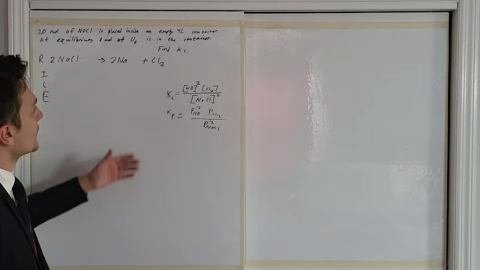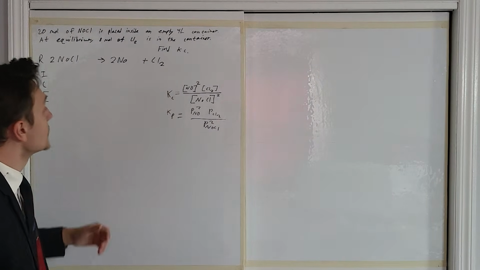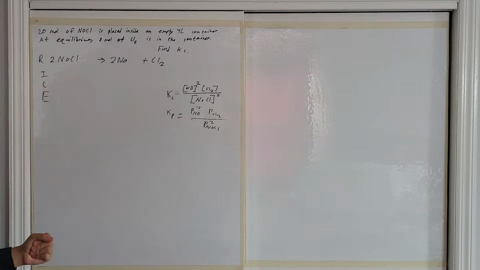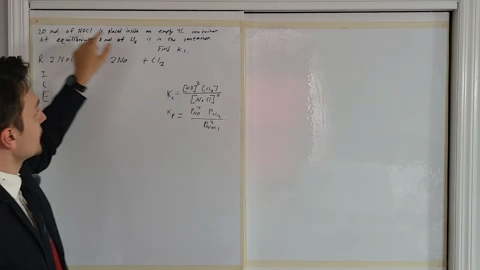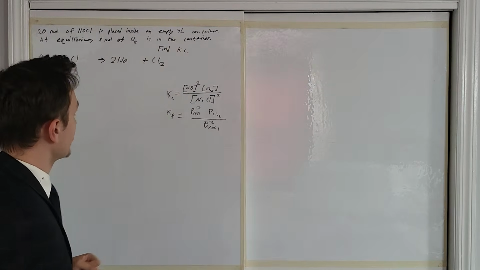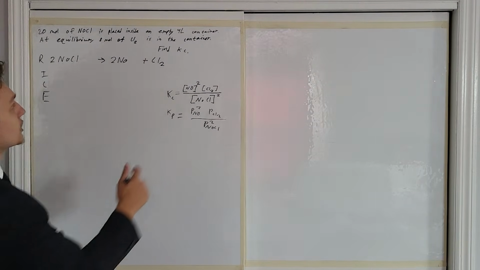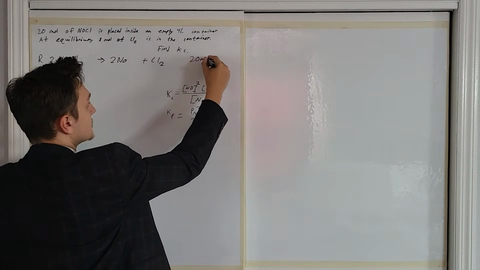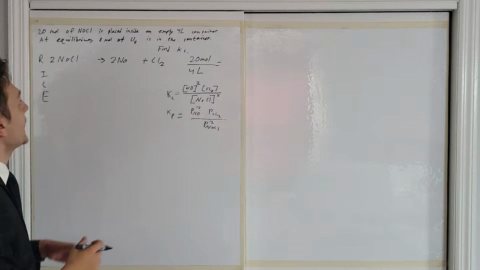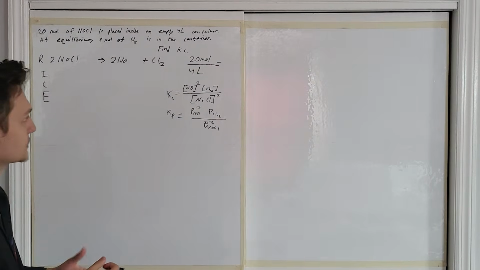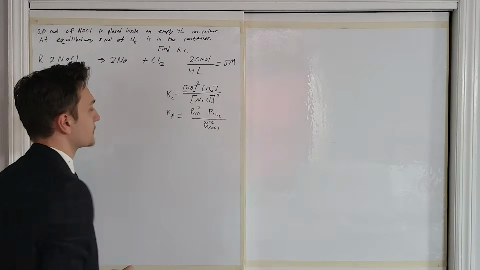Since we're looking for everything in terms of concentrations, we need to deal in concentrations. I have 20 moles of NoCl in a 4-liter container, so I'm going to take 20 moles divided by 4 liters, and that's going to give me a concentration of NoCl of 5 moles per liter.